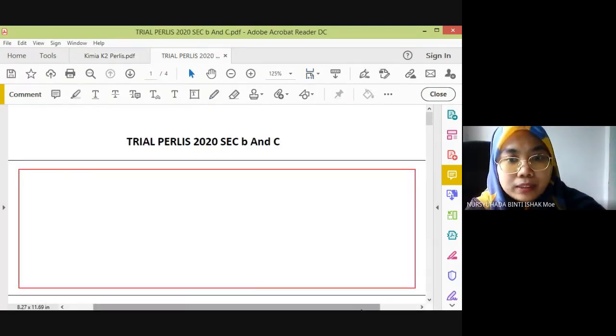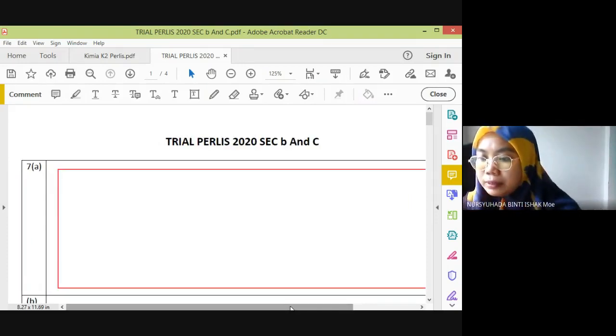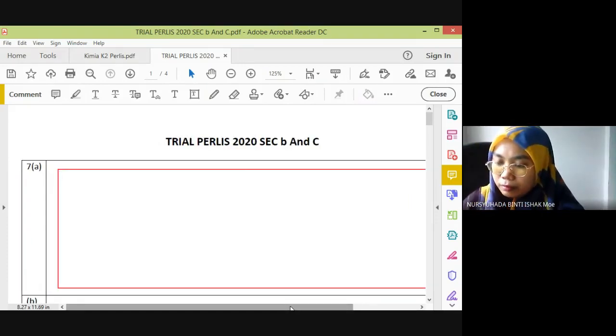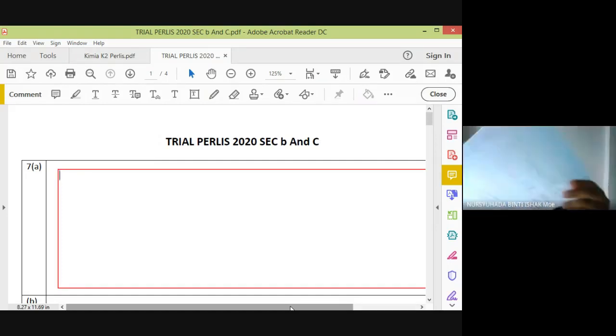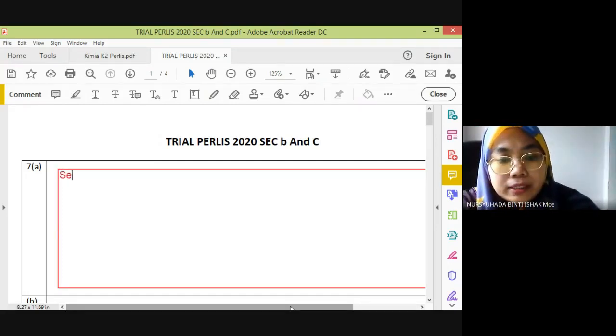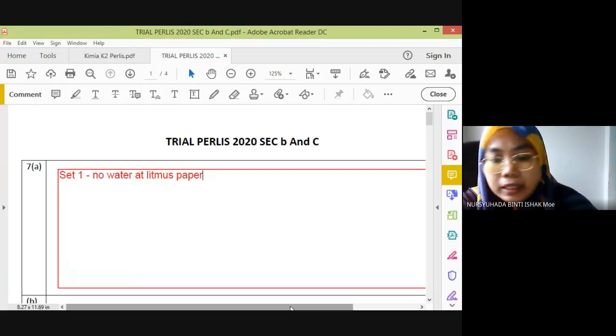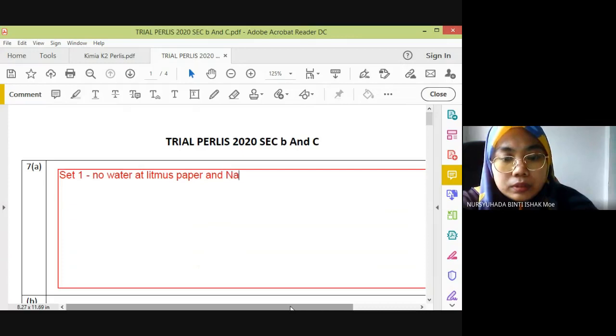Okay, so this one, apa kita nak tulis? Yang point yang pertama. Okay, point yang pertama for set 1. Merah boleh lah. Okay, for set 1. No water at litmus paper and also NaOH in solid form.